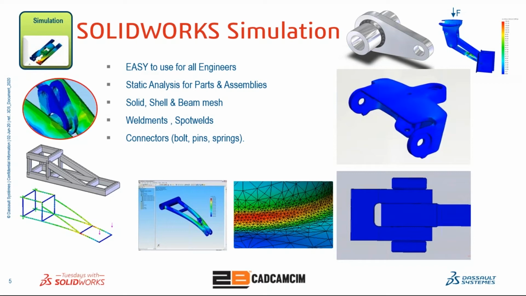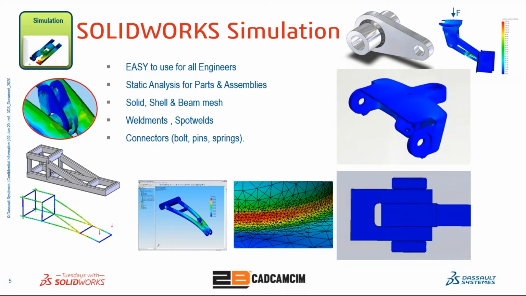You can apply a solid mesh for your CAD model, or a shell mesh for your sheet metal models. Also, if you test a structure, you need a beam mesh. These varieties of mesh can be applied in the SolidWorks Simulation tool.